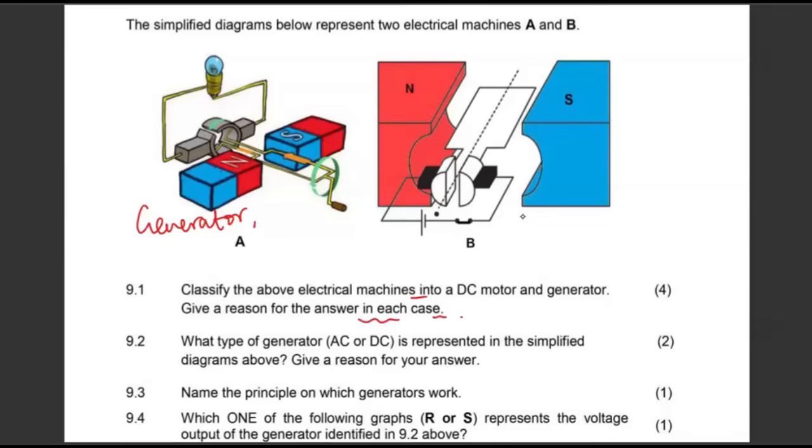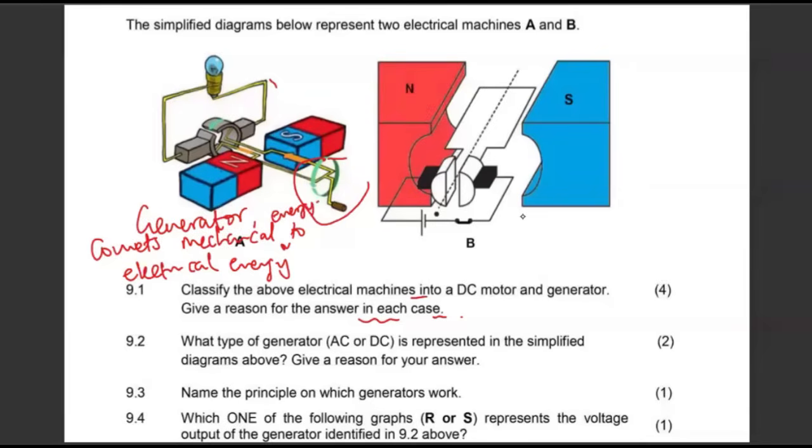When you look at it, this handle is for spinning, and then we get the electrical energy. So what we can say is that this generator converts mechanical energy to electrical energy.